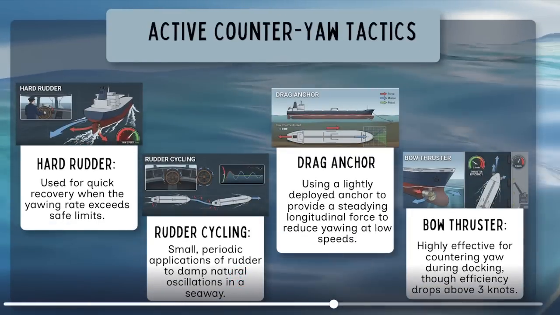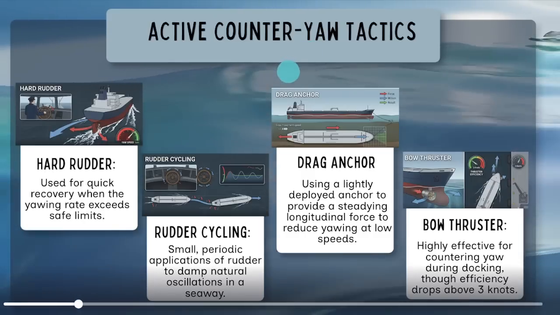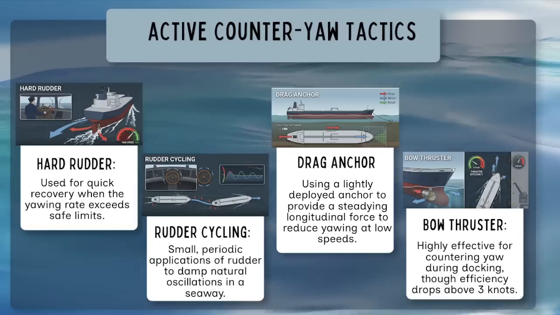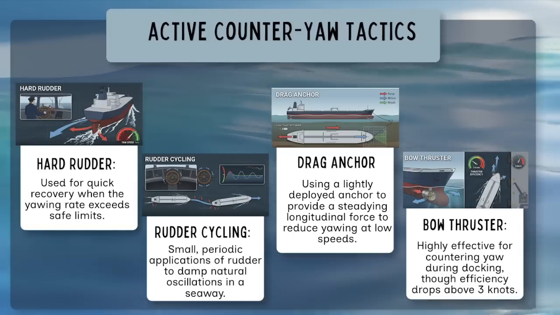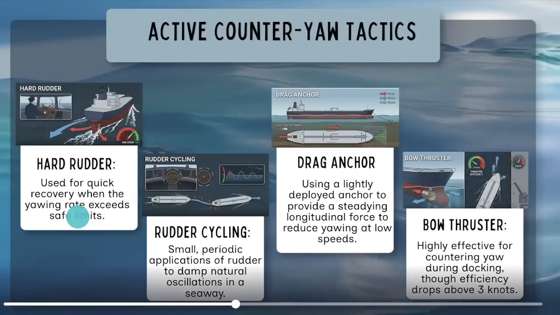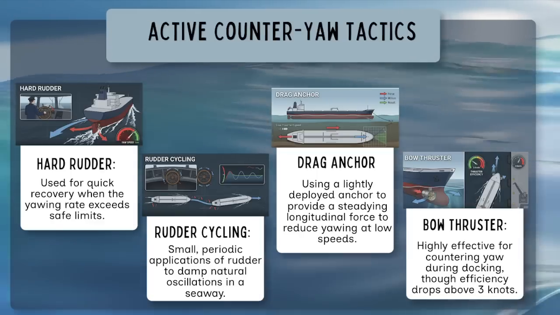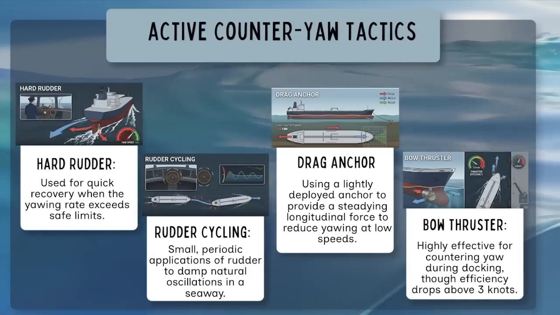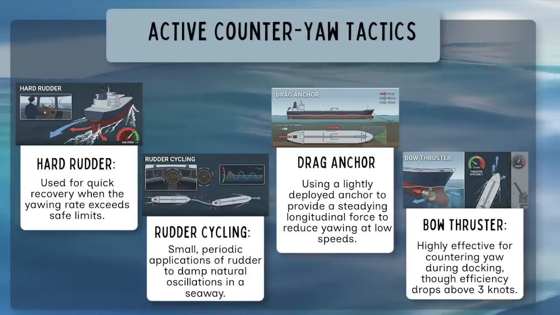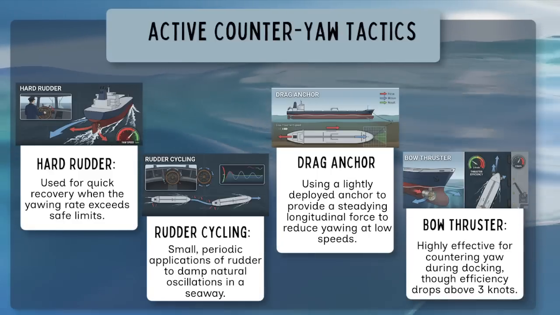So we have here what we call the active counter-yaw tactics. First is the hard rudder, used for a quick recovery when the yawing rate exceeds safe limits. And then the rudder cycling, which is small periodic applications of the rudder to damp natural oscillations in a seaway.